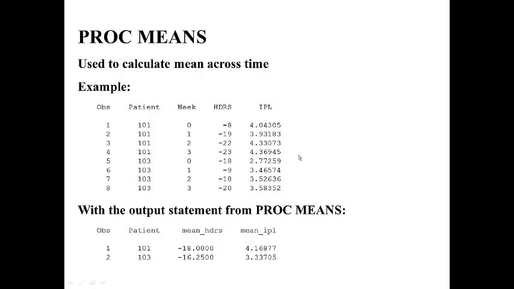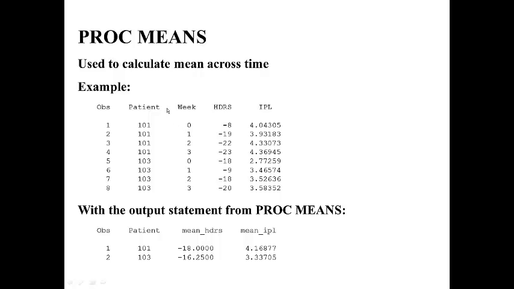And the drug that they were given, IPL, stands for imipramine. And the HDRS, the other variable that I'm using here, is the Hamilton Depression Score, which is looking at the change from baseline. And we have data recorded at week 0, week 1, week 2, and week 3. And there was a baseline measurement that occurred prior to week 0.